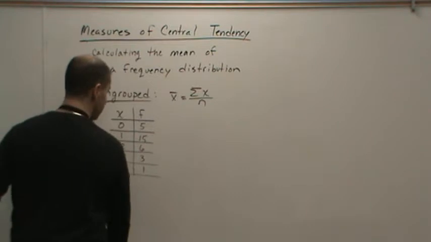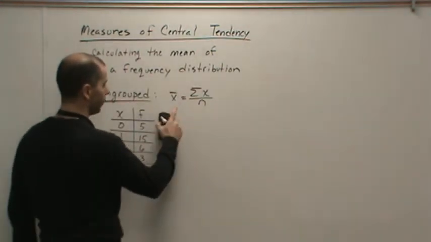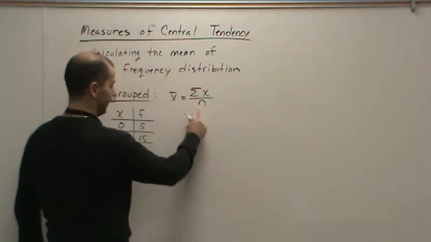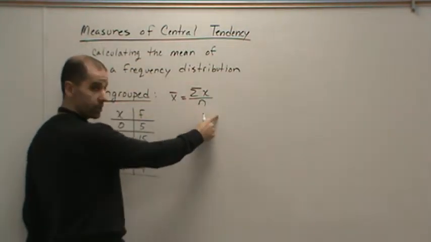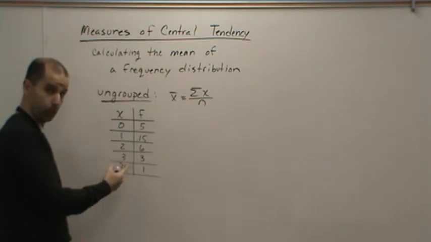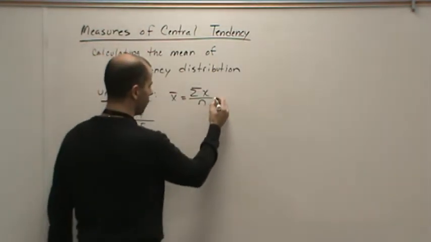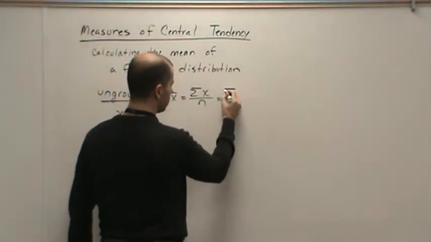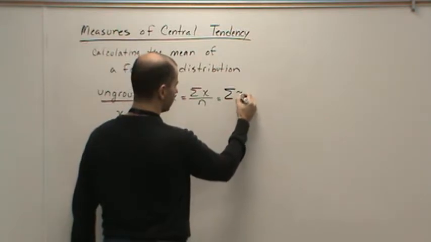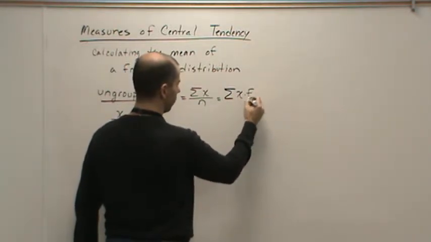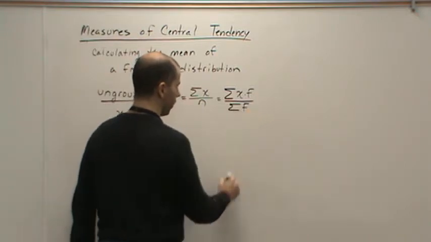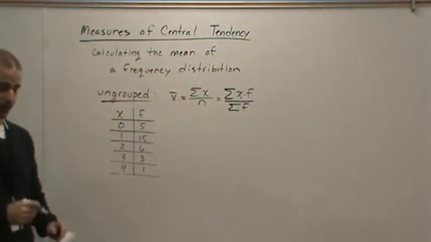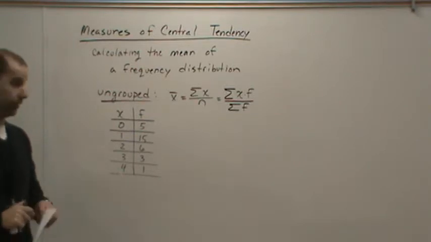So I'm going to change this a little bit, but realize for ungrouped frequency distributions, you can use this formula if you interpret the table correctly. Okay? But the general formula is the sum of x times the frequency divided by the sum of all the frequencies. Okay, so do you see the connection?